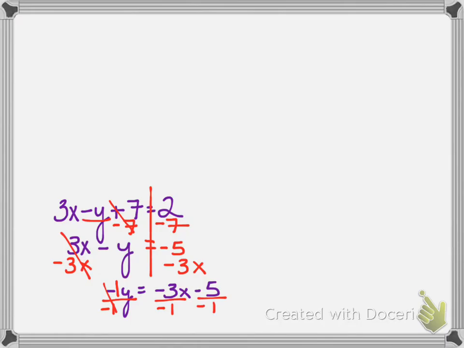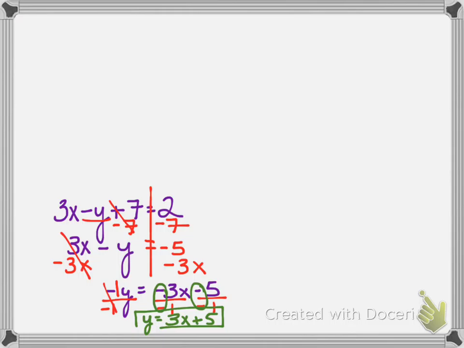So I divide off that. I get my y by itself. Real quick, negative over a negative is a positive. So I end up with a 3x. And a negative over a negative is a positive, plus 5. Final answer, if I can box it, y is equal to 3x plus 5.